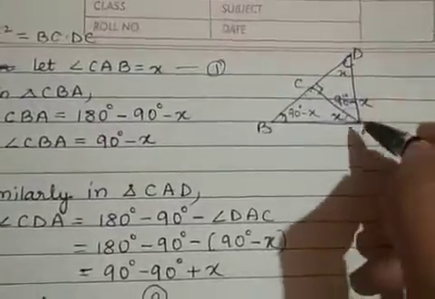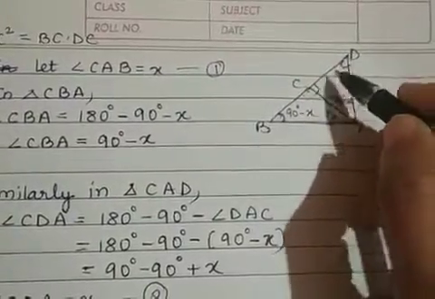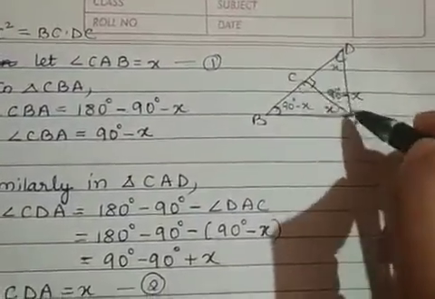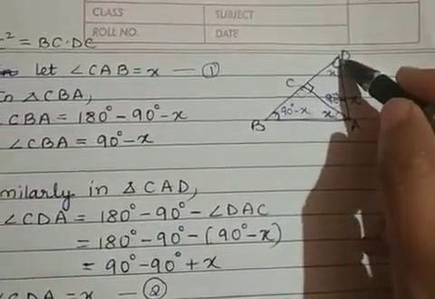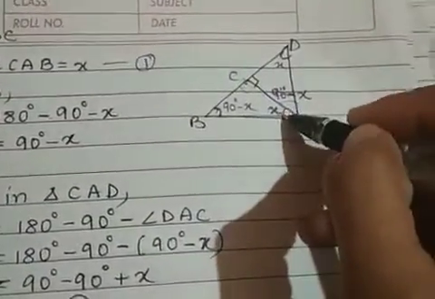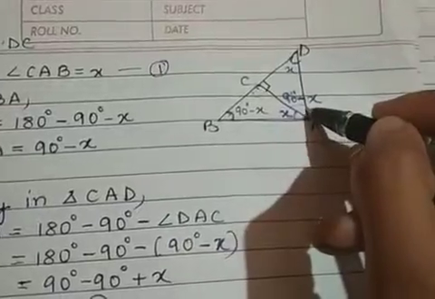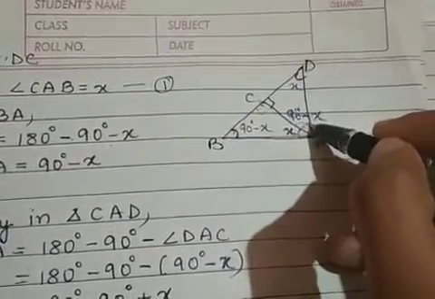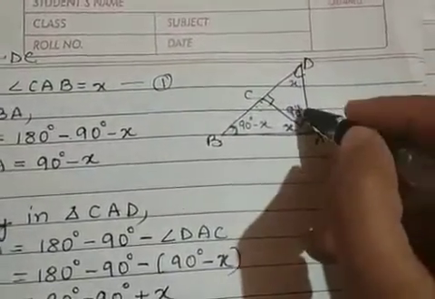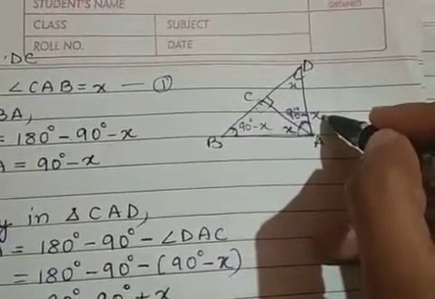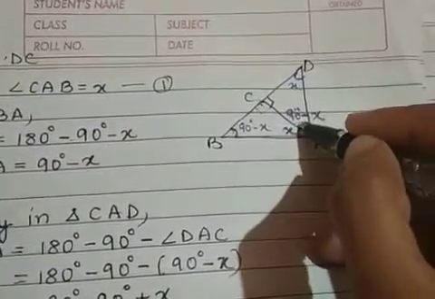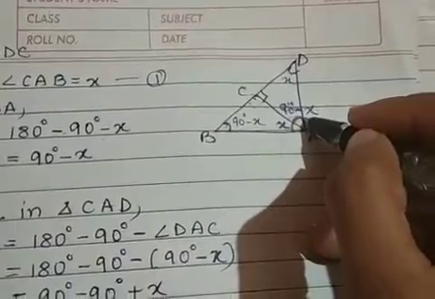Similarly, let us take the triangle CAD. So in triangle CAD, now if this angle is x, we know angle A is 90 degrees, correct? So what will be this angle? This angle will be 90 degrees minus x, correct? If this angle is x, this angle will be 90 degrees minus x.